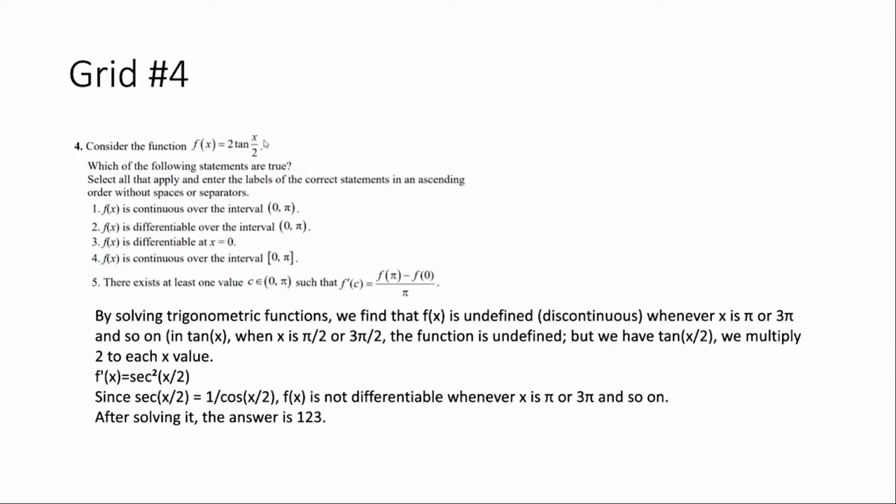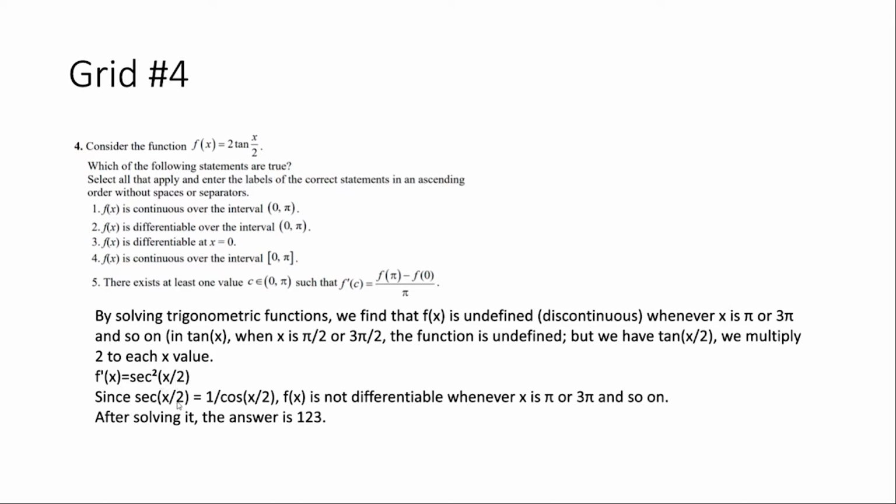If we substitute pi over 2 in the equation, we'll get 2 tan pi over 4, which is 2, I think. So if it's a value, then it's defined, so it's continuous. Therefore, 1 is true. 2, it's differentiable over the interval 0 to pi. We can differentiate the equation and we get secant squared x over 2.